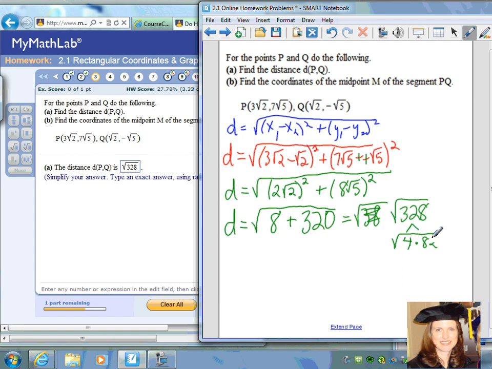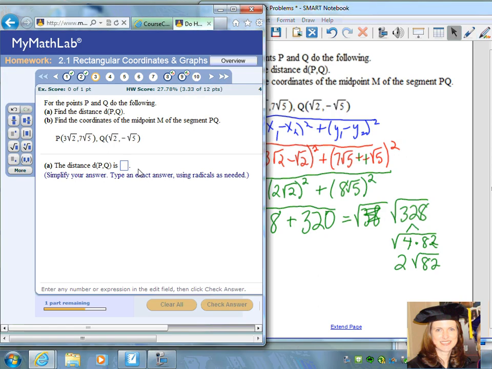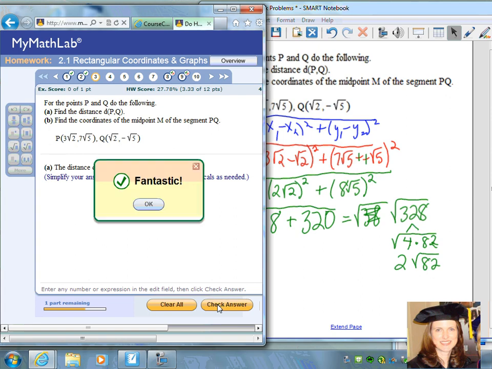The square root of 4 is 2, and 82 is not a perfect square, so we're going to write our answer as 2 times the square root of 82. Check your answer.